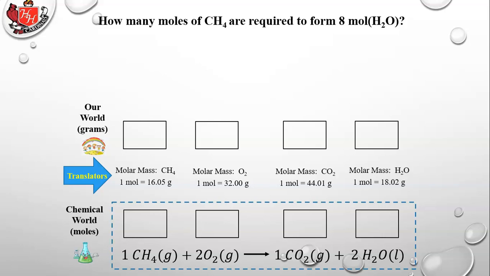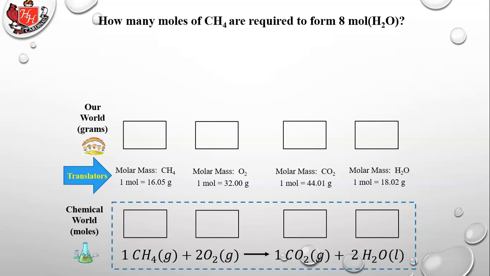CO2, same thing. Carbon is 12.01. Oxygen is 32 for the 2 oxygens. You add those together, you get 44.01 grams for 1 mole of CO2. And finally, H2O, 2 hydrogens, that's 1.01, and you have 2 of them, so that's 2.02, plus the 16 for the oxygen. In the case of water, that is just a single oxygen atom.